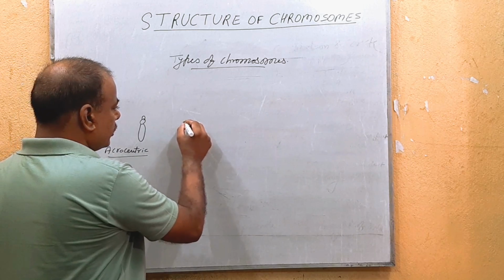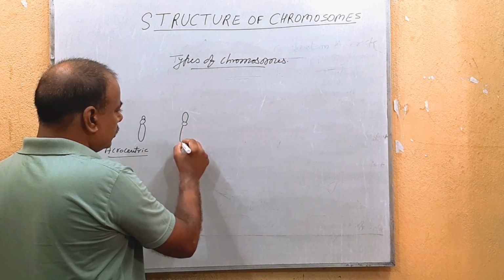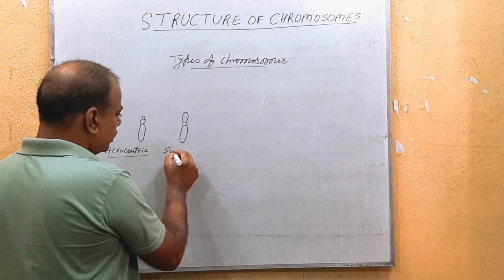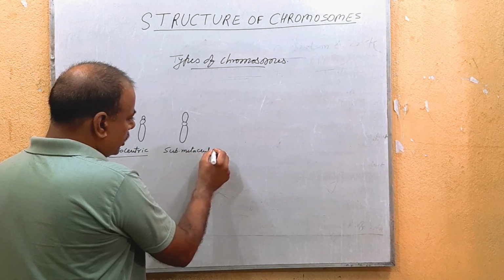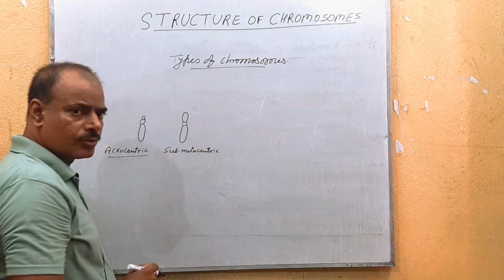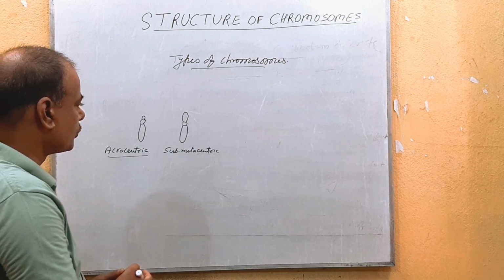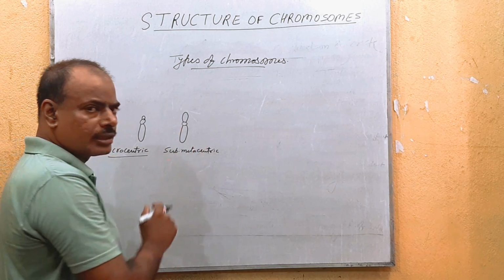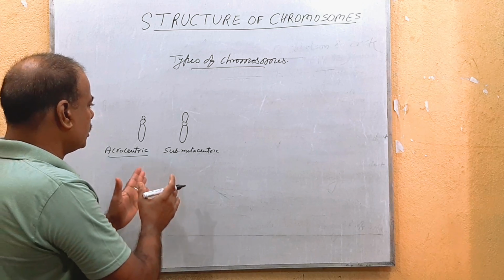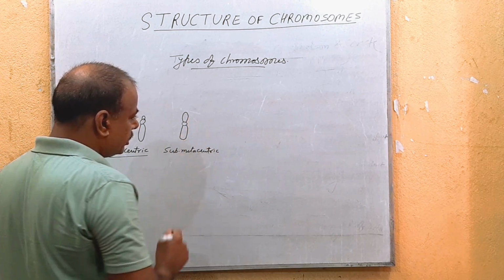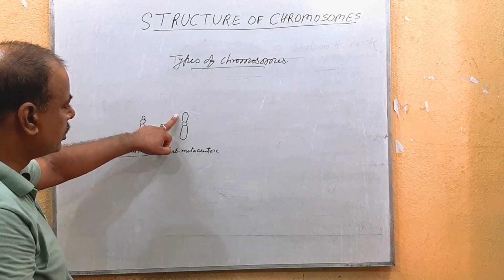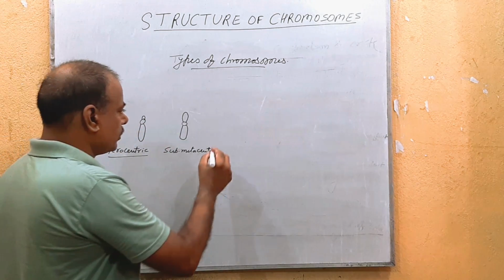The second is known as submetacentric. Here, between the two chromatids, the length is different, but the first is smaller than the second one.